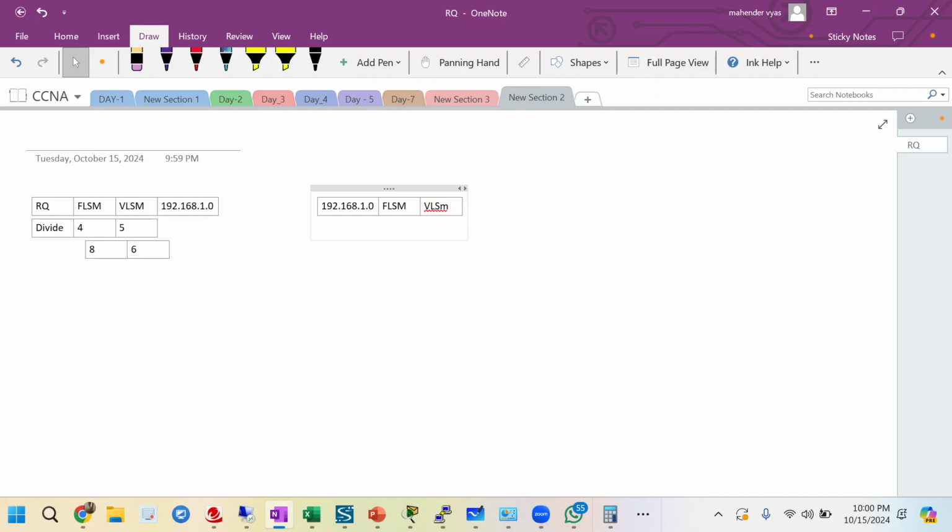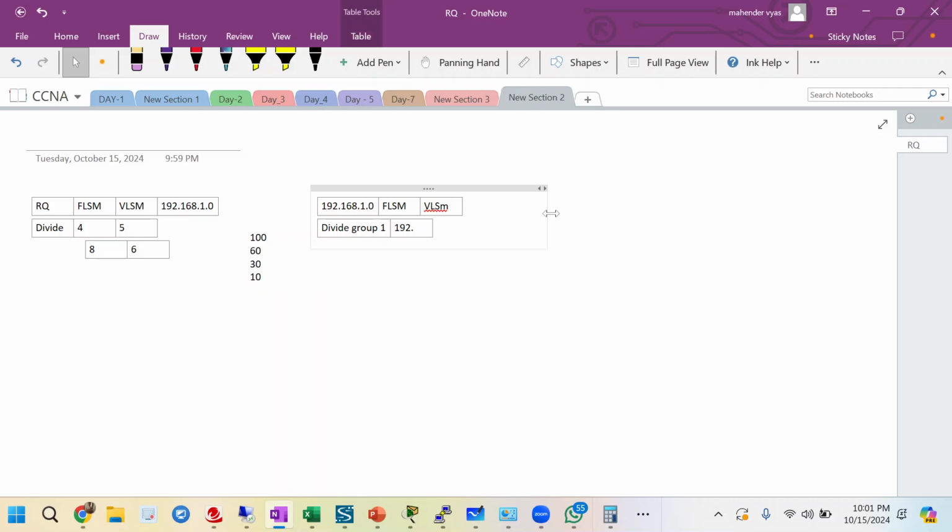For FLSM, I am dividing into 4 groups now, assume. But my requirement is this: I have a requirement of 100 users, 60 users, 30 users, and 10 users. Okay, this is my requirement.